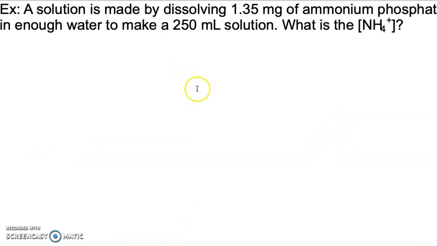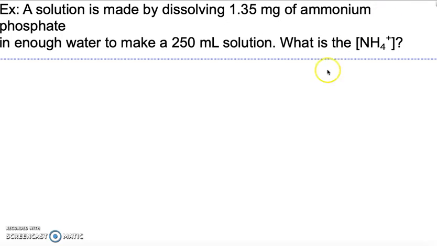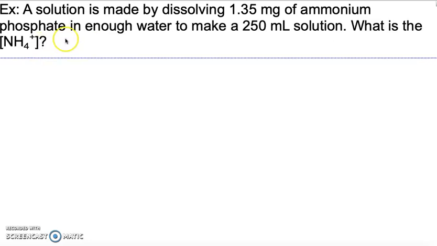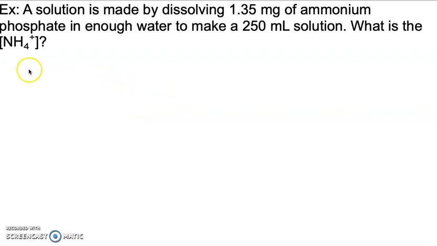So this is the other type that you are going to see. Similar to the last one, the only difference is that instead of giving you the concentration, it gave you a mass. So we have a solution made by dissolving 1.35 milligrams. A milligram, we need to convert that to grams.